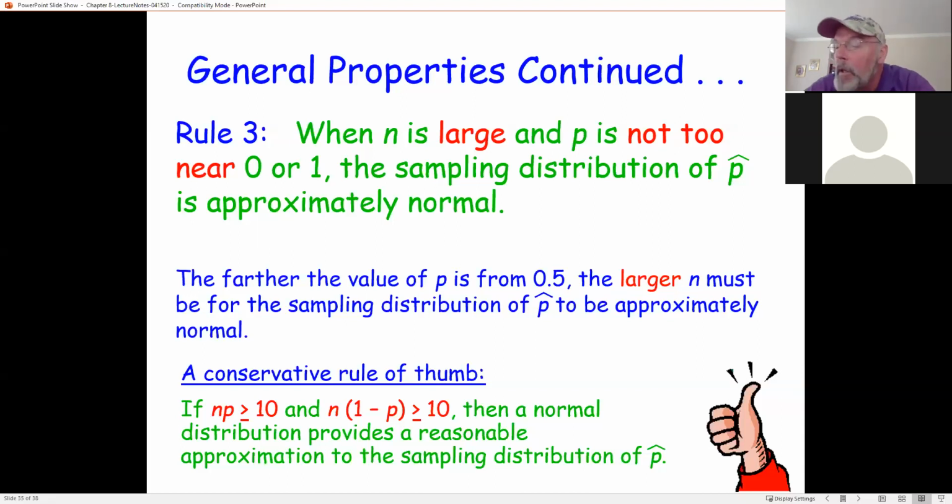So in this particular case, when the value is very close to 0.5, n has to be somewhere near 25, a sample size of 25. Okay, everybody sort of see that? Questions?